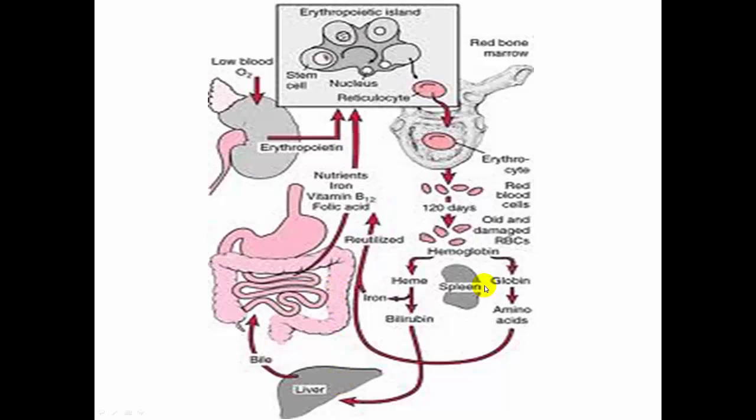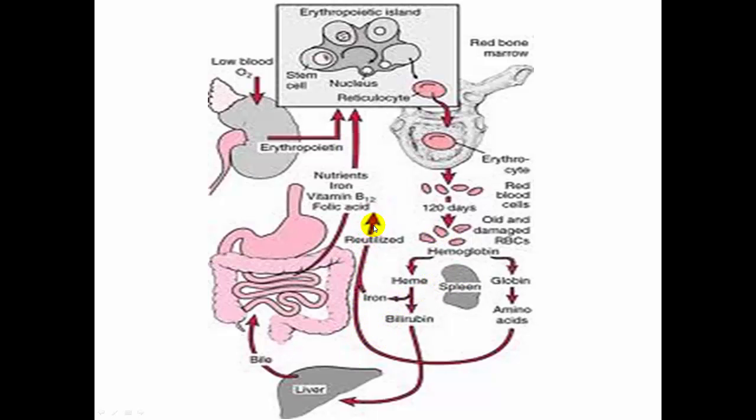And when it goes to the spleen, it breaks down into its component parts. So we have heme, which in this case is not an engine, and globin. Well, globins are amino acids. So they're broken down, and you can follow the arrow and you see that it's reused.